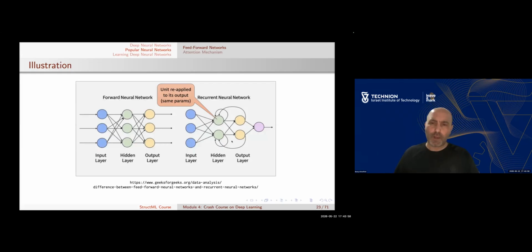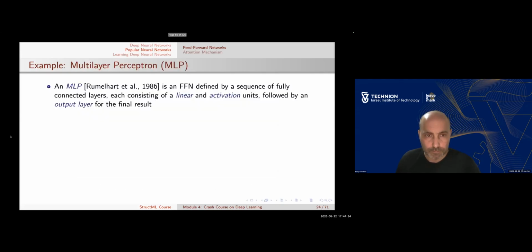Now you might say, well, how long do you run it? It may be defined by the input. It may be some predefined number, but it's not the same as duplicating the same network again and again, even if it's a fixed number of occurrences, because when you learn it, you update the same parameters. So we have parameter sharing in this mechanism. We are not going to discuss recurrent networks in this course, just for our knowledge, contrasting with FFNs.